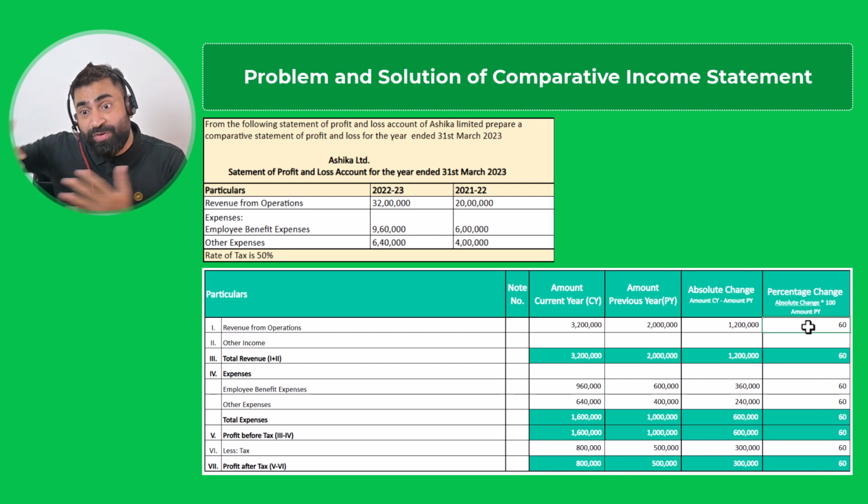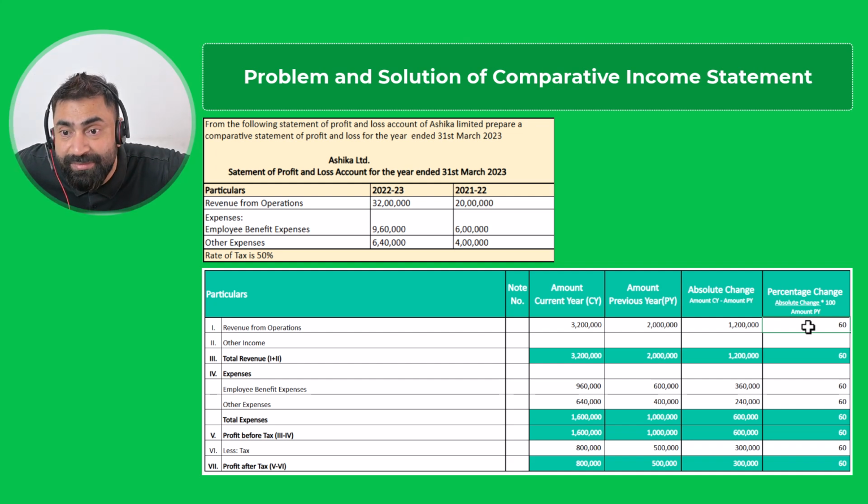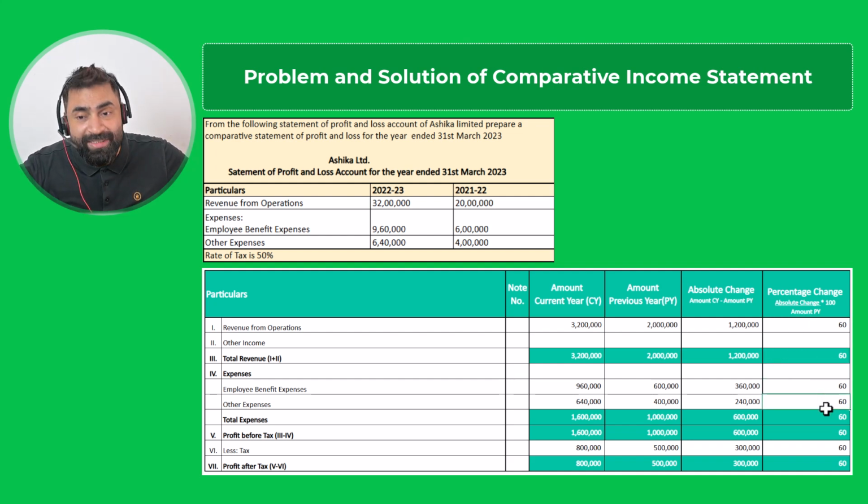I can just write 40 for all of them. No, please don't do that. No, you must calculate this percentage separately and individually for each of the items, right? That will make it accurate for you. So what you are seeing is just a coincidence, guys, and it's pure luck, I can say. Lucky for me, like I said, but that will never be the case. Can be in some exceptional circumstances.